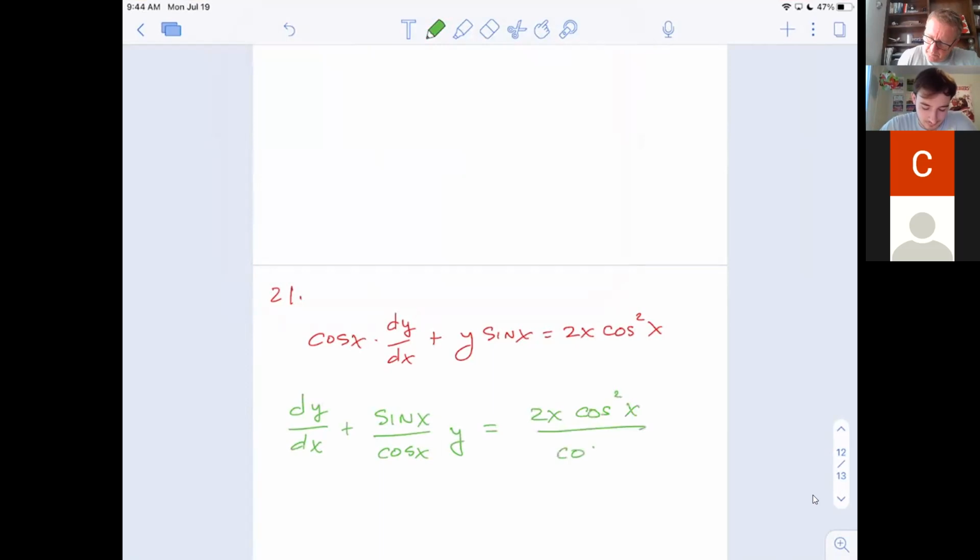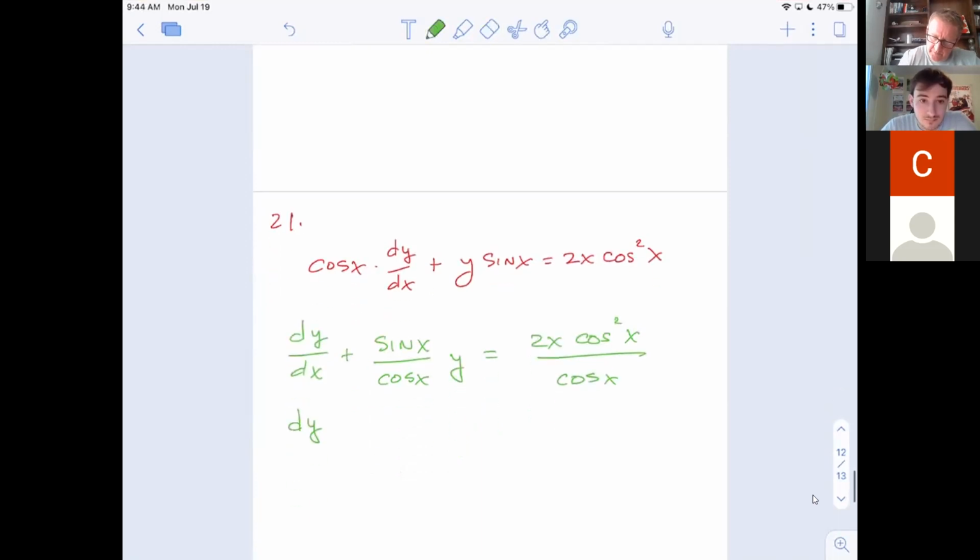Because you're losing one of the cosines on top in the numerator. Yeah, so notice I'm losing one of the cosines over on the right hand side. And what's kind of nifty about this middle term here? That turns into tangent. You are correct. Yep, sine over cosine is tangent.